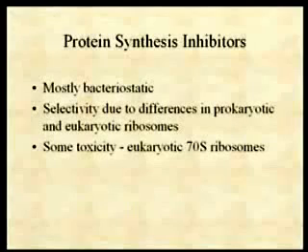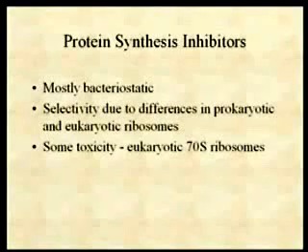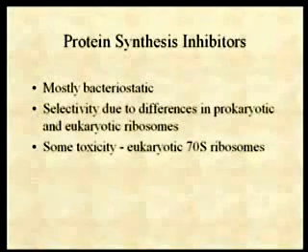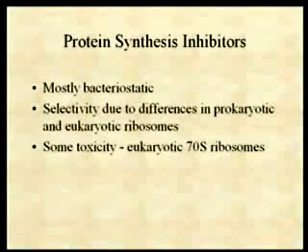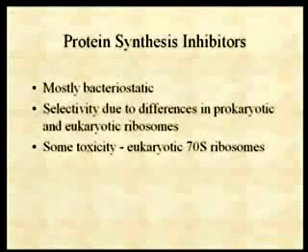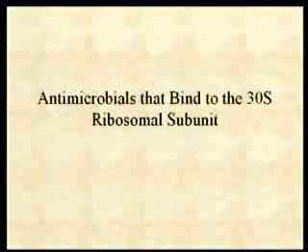But keep in mind that there's inherently more toxicity associated with these antibiotics than with, say, the penicillins or the beta-lactam antibiotics, because our ribosomes still have to carry out the same functions. Many times these things can have some effect on our ribosomes. In addition, remember, we also have 70S bacterial-type ribosomes. Where? In the mitochondria. So inherently, these antibiotics are going to have more toxicity than the penicillins or the cephalosporins.